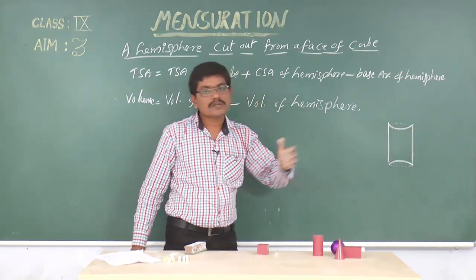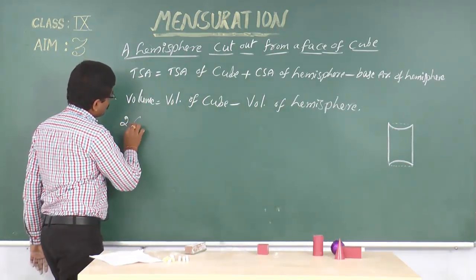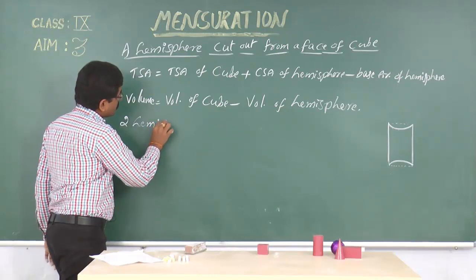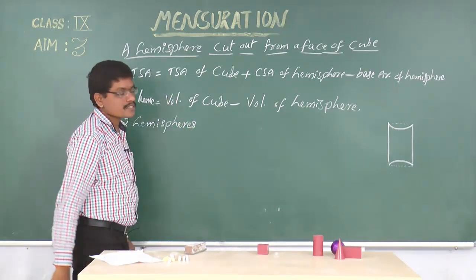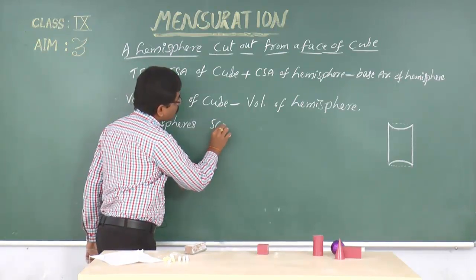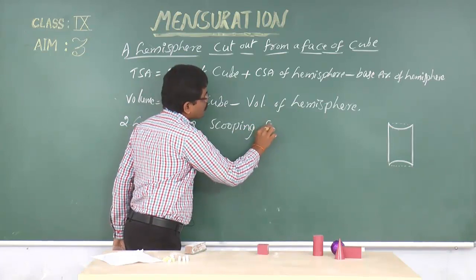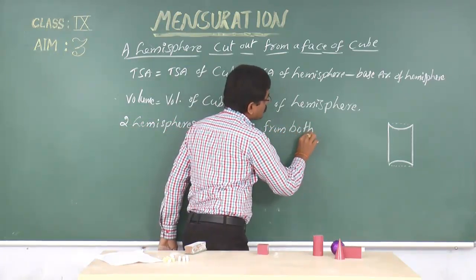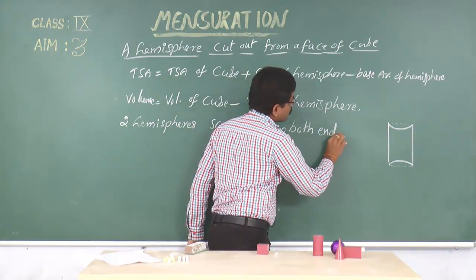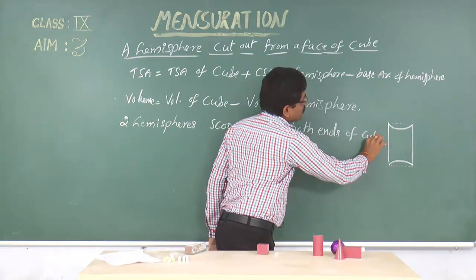We are removing those parts. So that one is two hemispheres scooped from both ends of the cylinder.